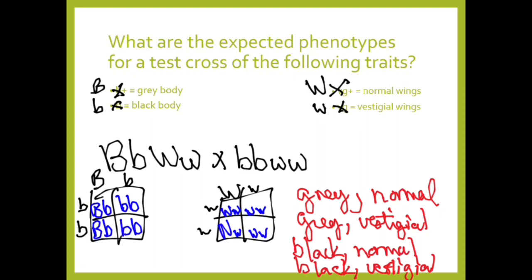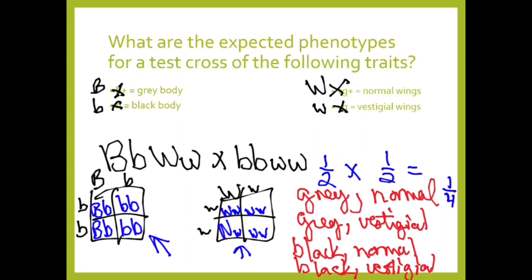Or we can do the probability thing like we had talked about a few class periods ago. Looking at this, I know that there's a 50% chance to get a gray body, and a 50% chance to get normal wings. If I want gray and normal, I multiply those, and that gives me 1/4.